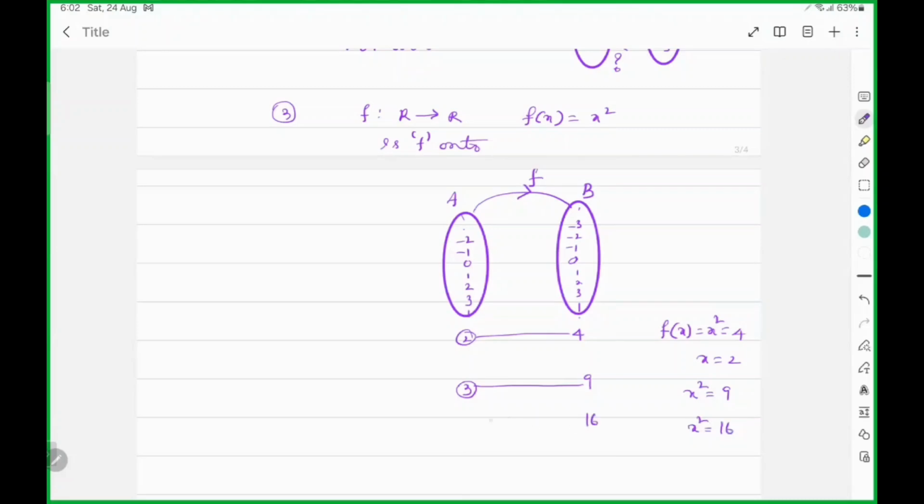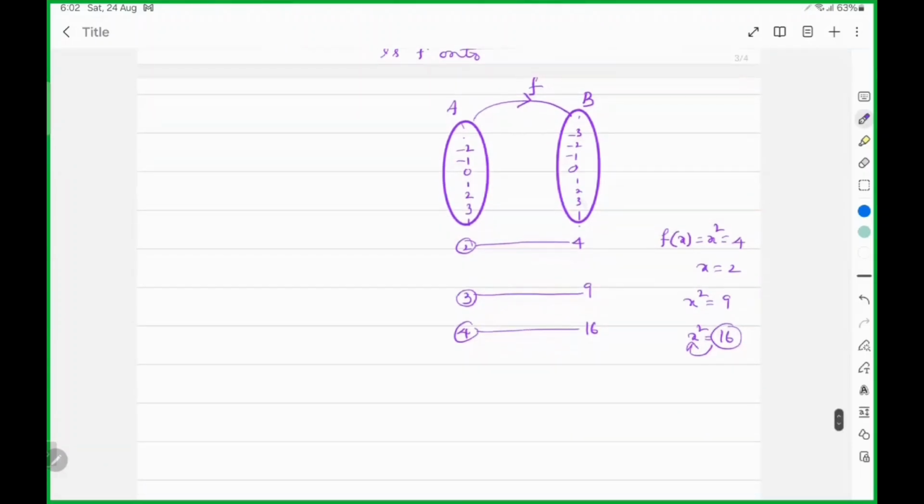For 16, the pre-match is 4. Suppose you want the pre-match of 3. X equal to root 3. Root 3 is a real number. So there exists a pre-match. I have checked till now 4 elements which have pre-matches.